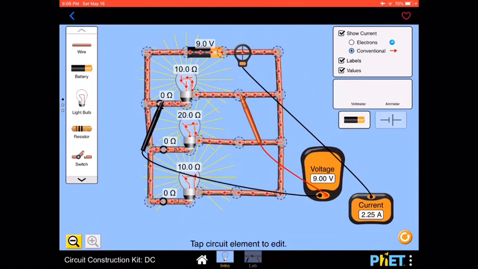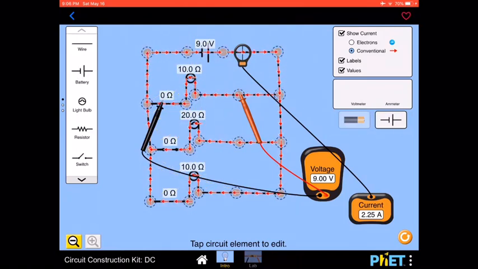Right, and if I now change this, I could make it into symbols. So there we have the current moving. Right, and if I want to change this just to show you, electron current would be the other way. Right, but we're using only conventional current. Okay.